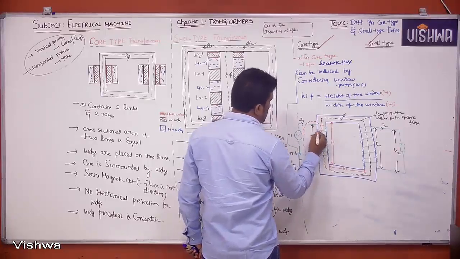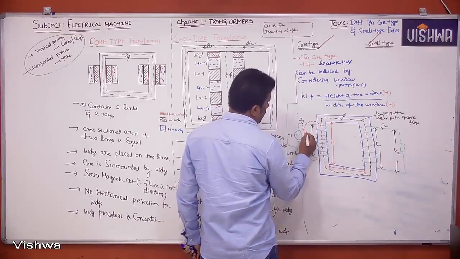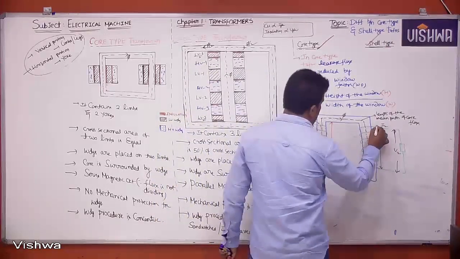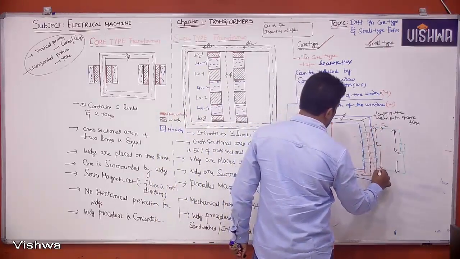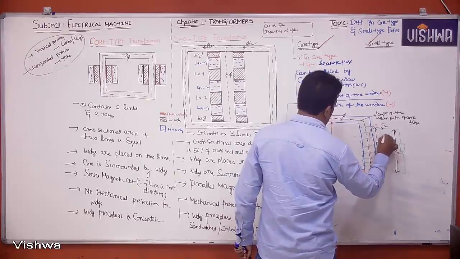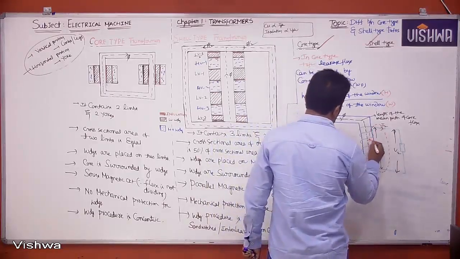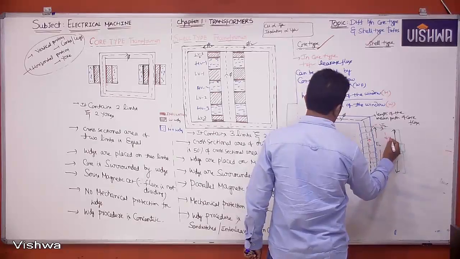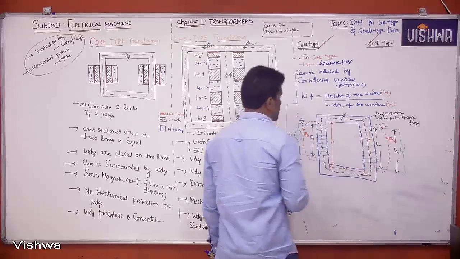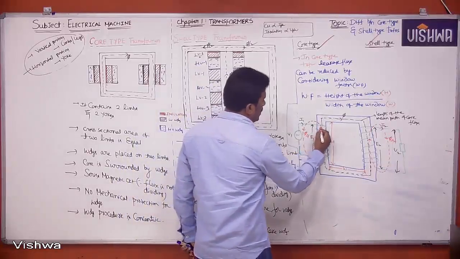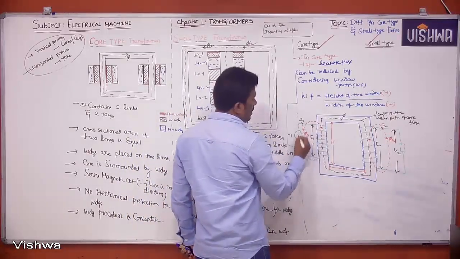Then it will be having some clarity. So this is nothing but the length of the path of leakage flux in primary side. Similarly here, the length of the path of leakage flux in secondary side. This is the length of the path of leakage flux primary side, phi L1.